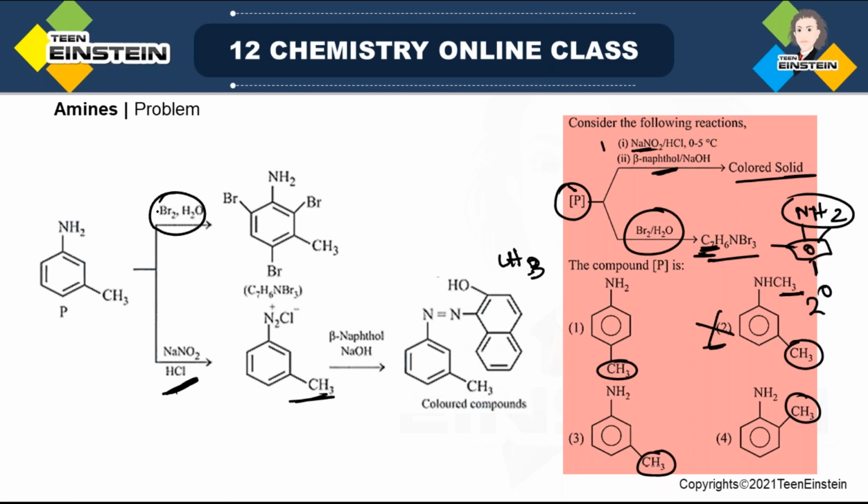And when you are treating it with bromine water, these 3 positions, I mean the 2 ortho positions and the para position, all these 3 hydrogens are now replaced with Br. So the starting material, NH2 and CH3, must be at the 1 and 3 positions, meta. It cannot be ortho or para. And as it cannot be ortho or para, these 2 options cannot be correct. Option 3 is the correct option.